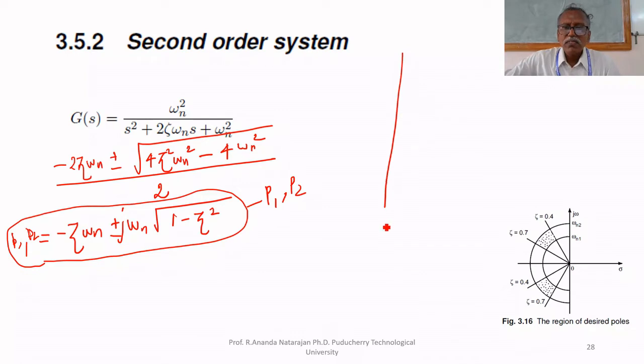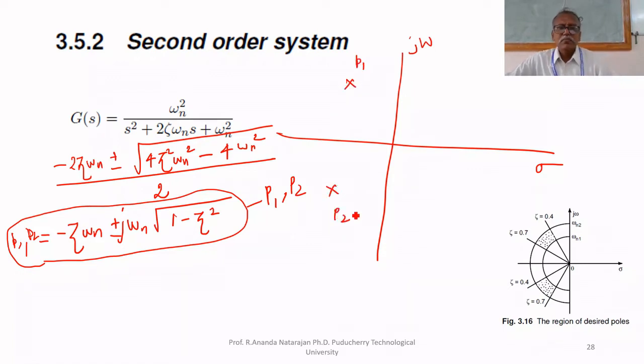If you plot this on the S plane, this is P1, this is P2. What is the distance? This is the origin. The distance from here is minus zeta omega n.